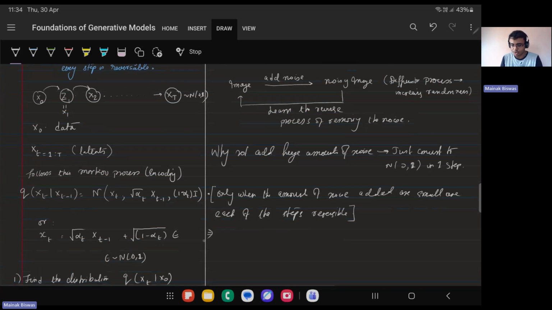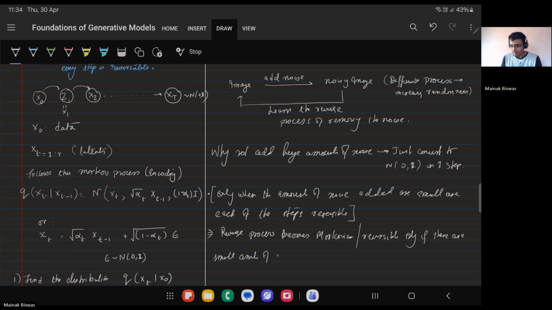The idea is that if you want to put it down mathematically, the reverse process becomes Markovian, or reversible, only if there are small amounts of noise, that is, infinitesimally small over infinite steps.